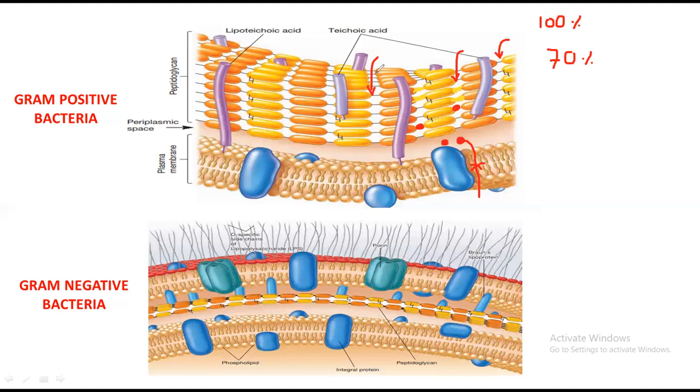Because of this time, it can get access to the inside of the cell, cross the plasma membrane, enter the cytoplasm, and destroy the DNA and cellular components, the organelles. Just because of this, we use 70% alcohol instead of 100% alcohol. I hope you have understood the idea. This is for gram positive and gram negative bacteria.